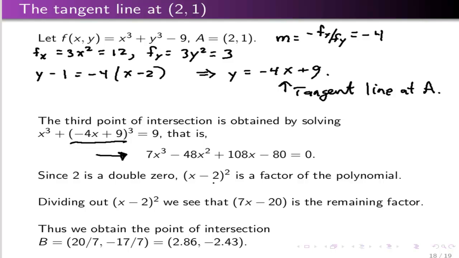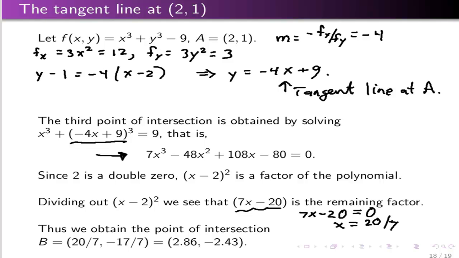So you have (x minus 2) squared as a factor of this polynomial. And so you can just do a long division, divide out the (x minus 2) squared, and you end up with 7x minus 20 as the remaining factor. And so for the third point, we just set 7x minus 20 equal to 0, and we get x is 20/7.